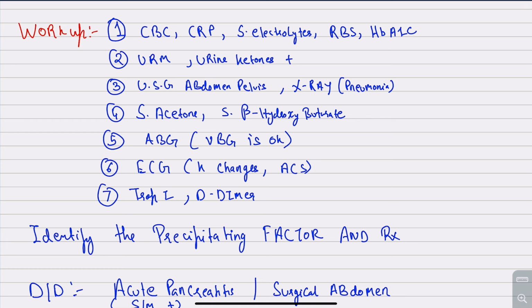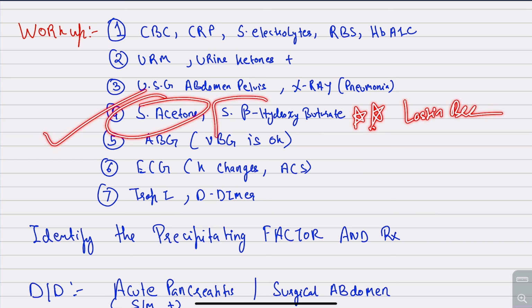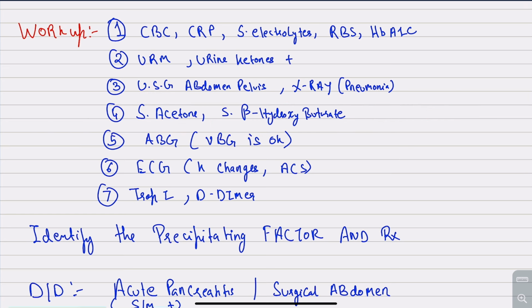But if urine ketone is not enough, you will need serum acetone or serum beta hydroxybutyrate. Serum beta hydroxybutyrate is more specific because it is not lost in breathing. Acetone is lost, so beta hydroxybutyrate is more specific.